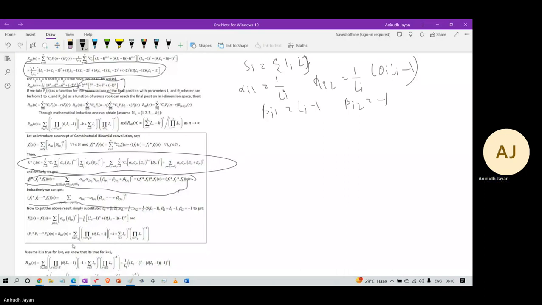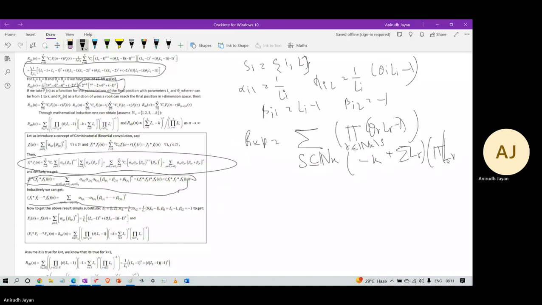Substituting this, one can get RKD as the following. One can get this.